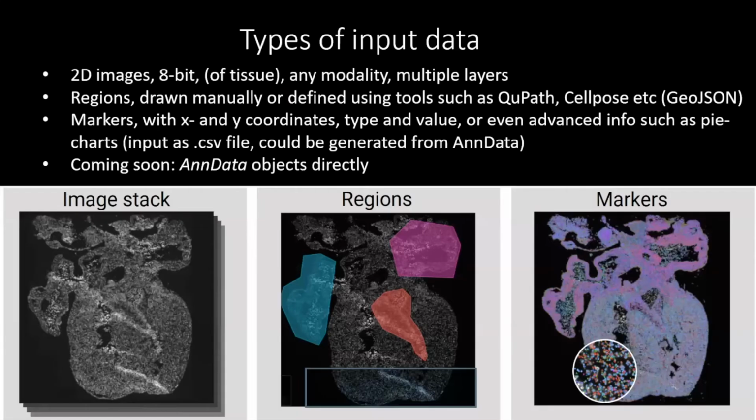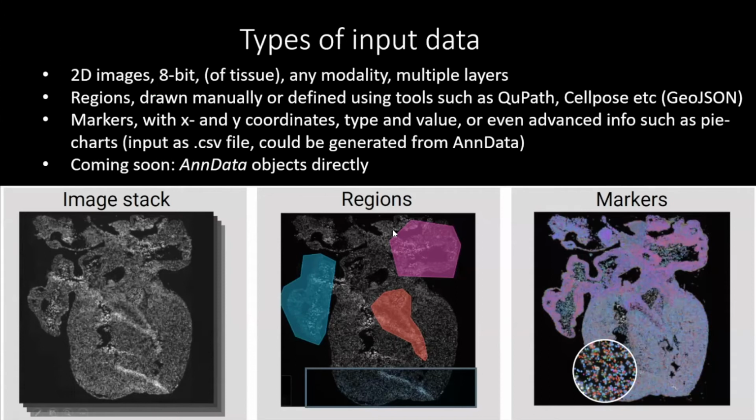TissUUmaps can load three types of data, mainly images, and we talked about images before, but TissUUmaps can load 8-bit images for now. We are working on making it possible to display a higher range of data, but the best is to convert your data into 8-bit before you load them.